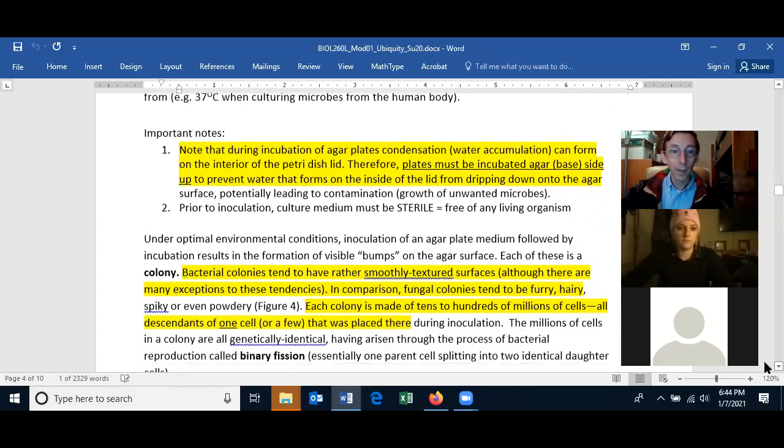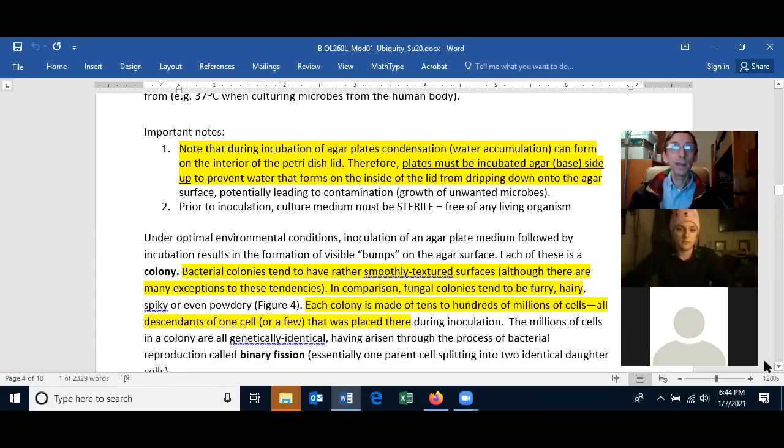Some notes. When you're incubating an agar plate, if you were to incubate it right side up, let me show you something. This isn't a plate, but I don't have one here because I'm at home. Let's pretend this is a petri dish, and this is right side up.